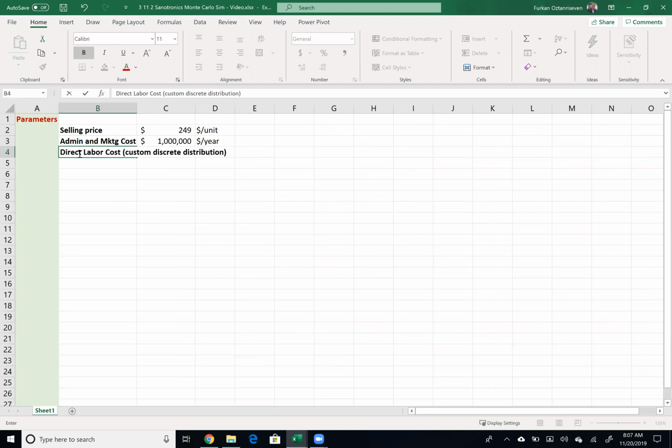When I say custom discrete, it's a discrete distribution because there are a limited number of outcomes. It's custom because the probabilities are calculated based on the historical data. So let's write it down here.